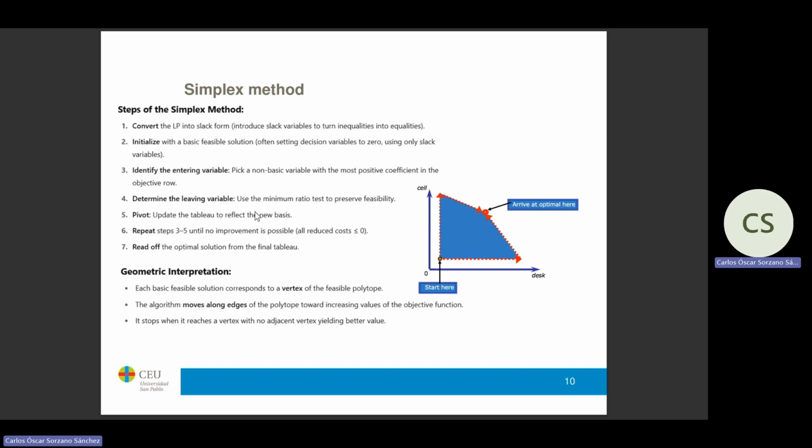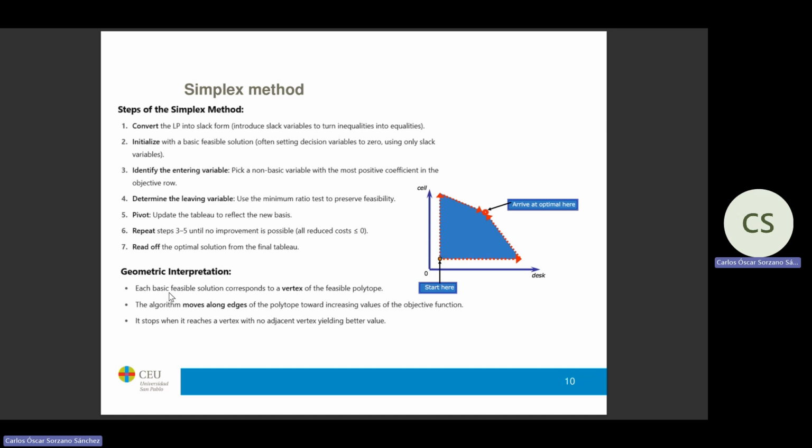And then there will be a table, and you will pivot over some element. This pivoting is the same as when you were solving linear equation systems with matrices. We will see it, right? And then you iterate until you finish, and the ending condition is that you cannot get any other variable into the basic solution.